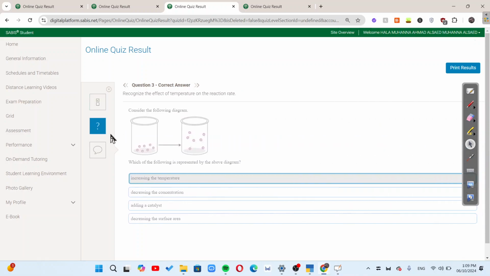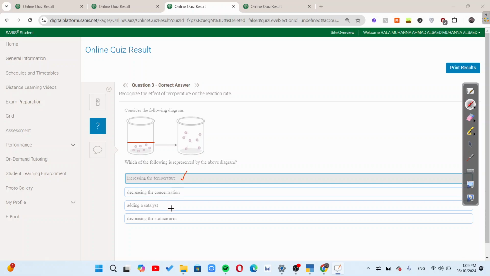Okay, why is this entire quiz wrong? Fine. Which of the following is represented in the above diagram? When you have particles that are stationary and they start moving, bumping around corners and everything, it's increasing temperature. Because if you added a catalyst, it would increase, but it wouldn't be bumping around directly.